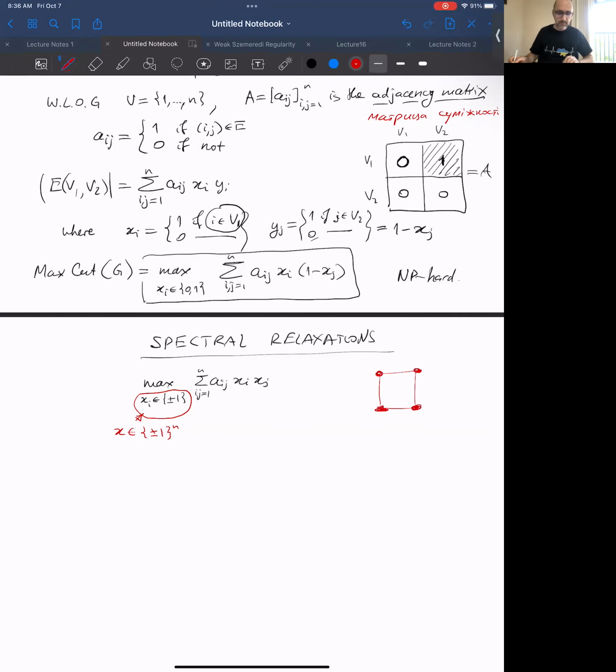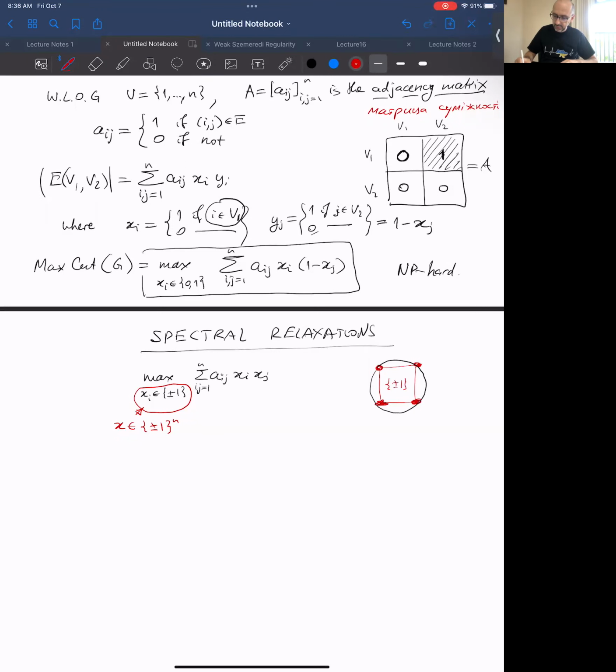Vertices of the cube. And the spectral relaxation is very simple. It just says, okay, let's replace the cube by a bigger set. What's a nice bigger set? Well, a round ball, just take the simplest shape. The circumscribed ball. So this is the cube that's inside, and this is the ball, centered at 0.